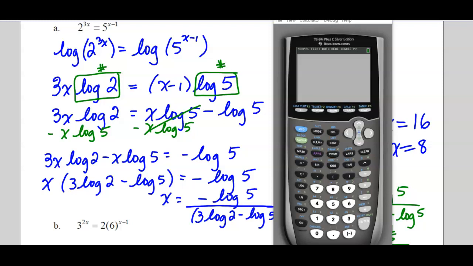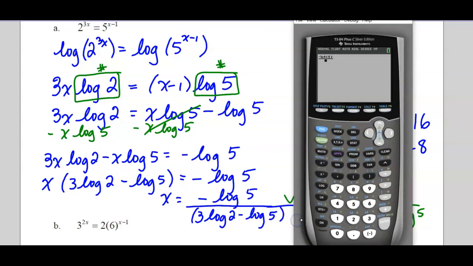Okay, so here, you want to use fraction form, so to make sure that you don't... because here, if you don't use fraction form, you have to have brackets around that denominator. And if you don't, you're in trouble. But if you do use the fraction capability, then you don't have to have brackets around the whole thing.